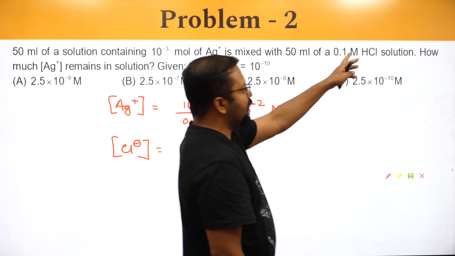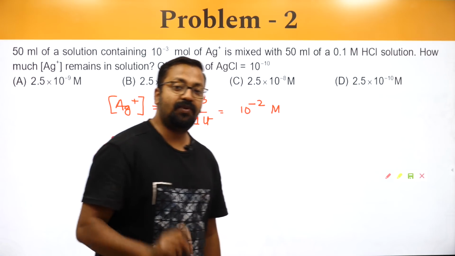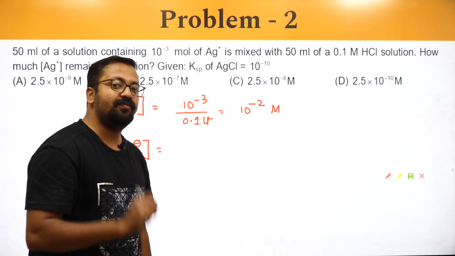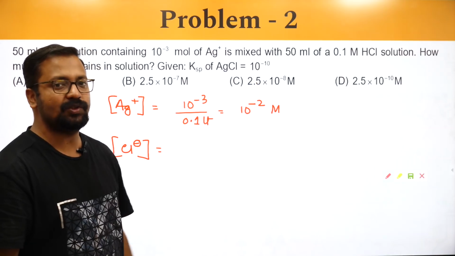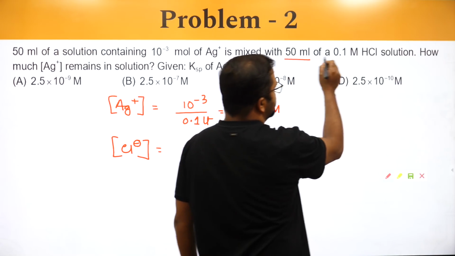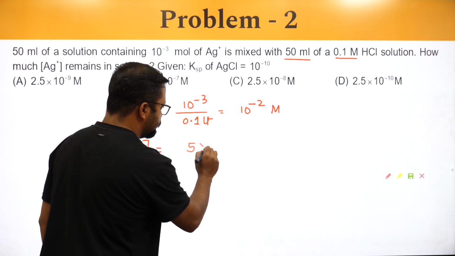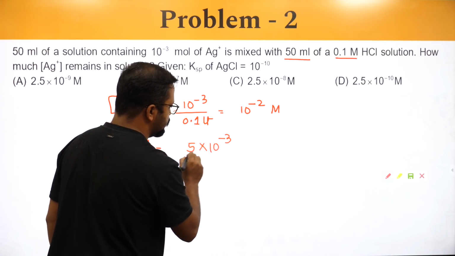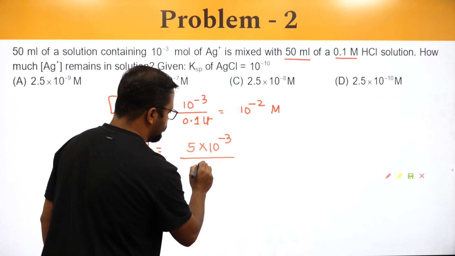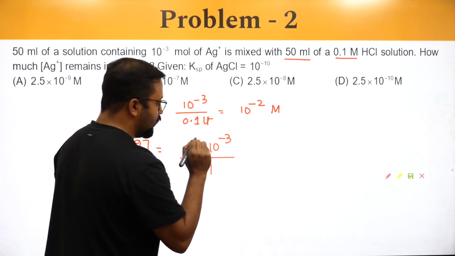Okay, let's do it for Cl minus as well. 50 ml of 0.1 molar concentration, 50 ml of 0.1, that means 5 millimoles of Cl minus is present. Milliliters times molarity is millimoles, so 5 millimoles is there. 5 times 10 raised to minus 3 moles present in 0.1 liters.